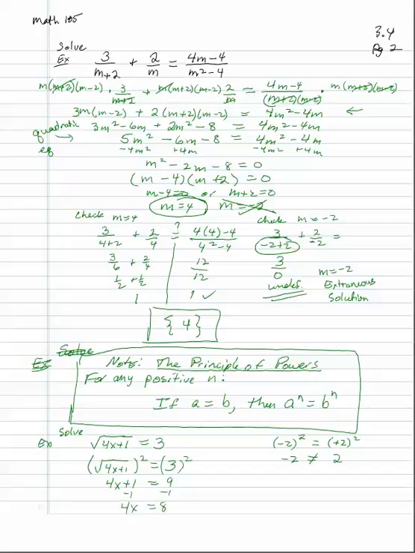And then divide by 4, x is 2. Now we have to check it. Again, we're not checking to see that we made math errors. We're seeing if we have a problem with the logic, to see if we got an extraneous solution. And this works. Square root of 9 is in fact 3, so it checks out. So our solution is x equals 2.